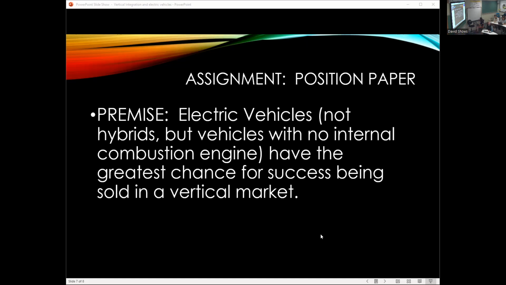So, electric vehicles have the greatest chance for success being sold in the vertical market.